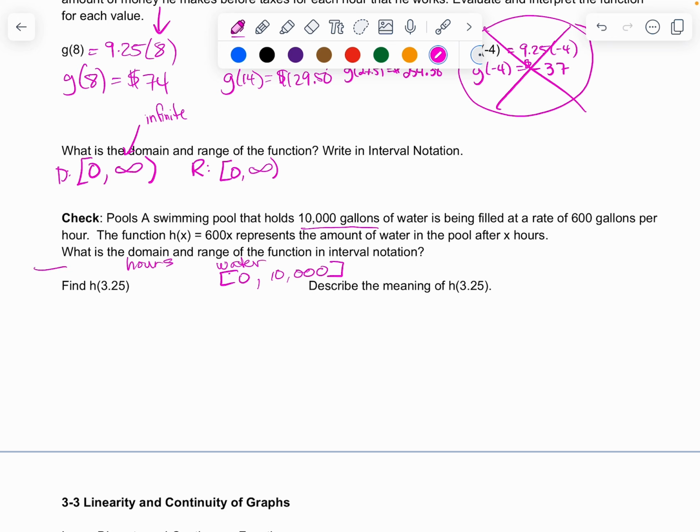We're going to do domain in just a second because we have to do something else first. Let's do this first. h of x equals 600 times 3.25. So, oops, I didn't mean to write that. Sorry, 3.25. I didn't put in my right information.